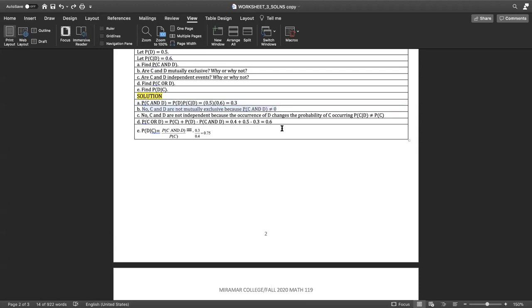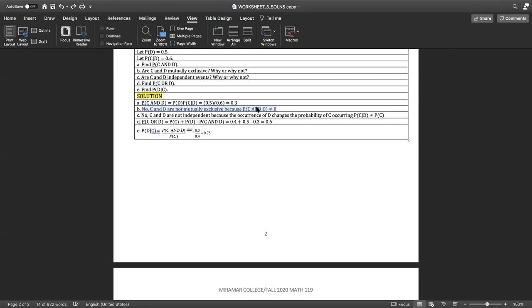Remember that if two events are mutually exclusive, then the probability of their intersection is 0, right? One event is contained in the complement of the other event. So since we know from part A in this problem that the probability of their intersection is not 0, it's 0.3, they can't be mutually exclusive, all right?